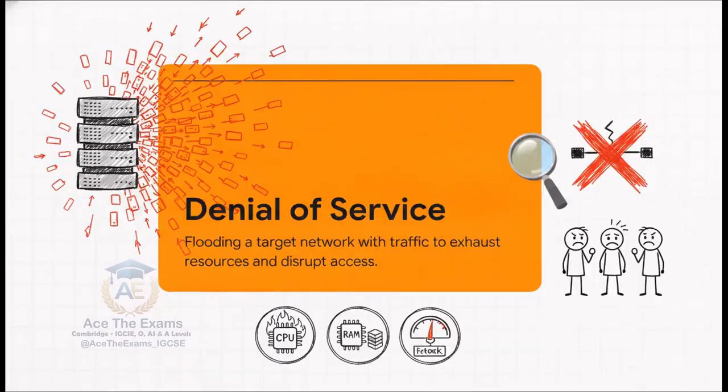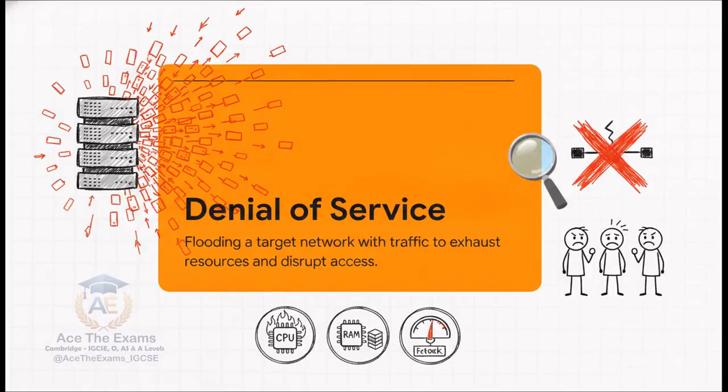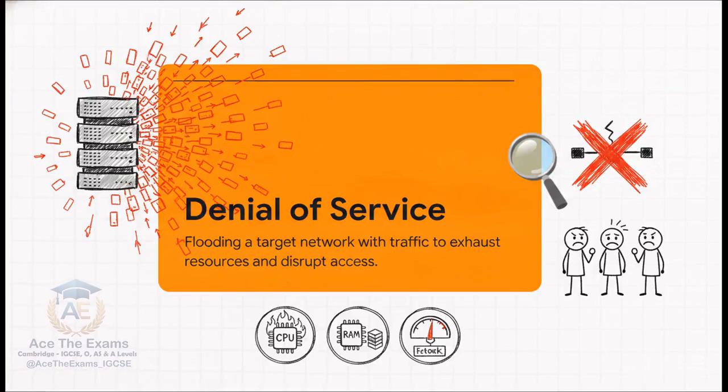And you know, this brilliantly illustrates our next major threat, DoS or denial of service. This is flooding a target network or system with traffic to exhaust resources and disrupt access. Again, a superficial, low-mark answer just says, oh, it makes the website crash. But analytical depth, which is the only thing that actually gets you the marks, specifies exactly what resources are being exhausted.